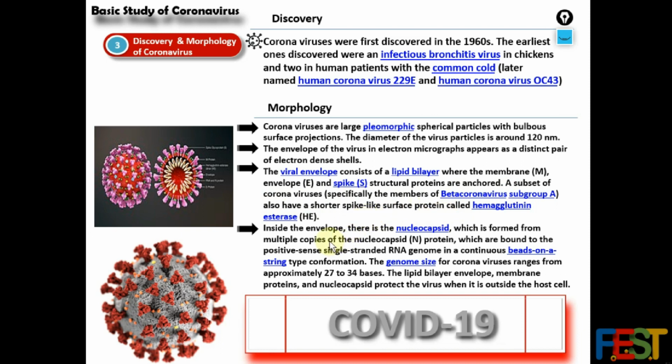Inside the envelope there is a nucleocapsid, which is formed from multiple copies of nucleocapsid N protein, bound to the positive sense single stranded RNA genome in a continuous beads on a string form, like here you see. The genome size ranges from approximately 27 to 30 kilobases. The lipid bilayer envelope, membrane protein and nucleocapsid protect the virus when it is outside the host cell.